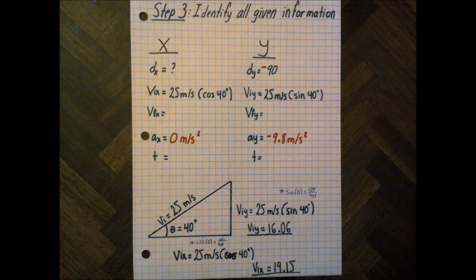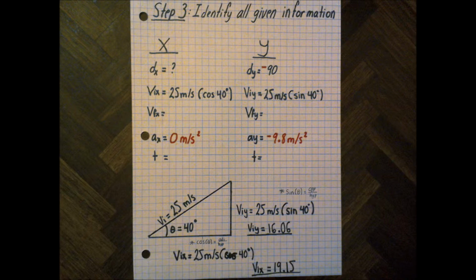Step 3 is to identify all given information, and we will be dividing it into an x and a y section. The x is for horizontal, and y is for vertical.